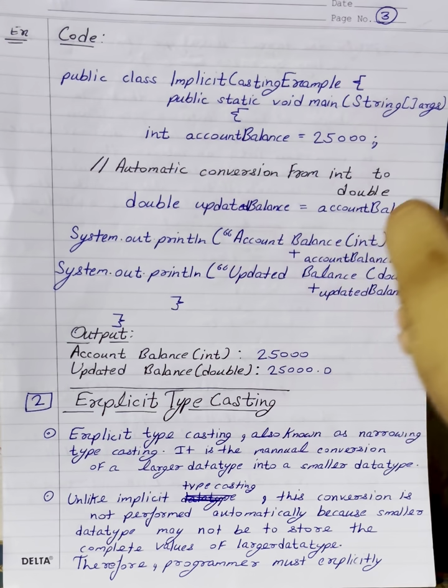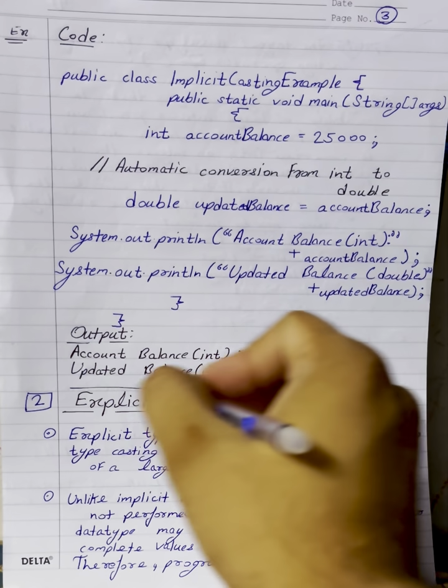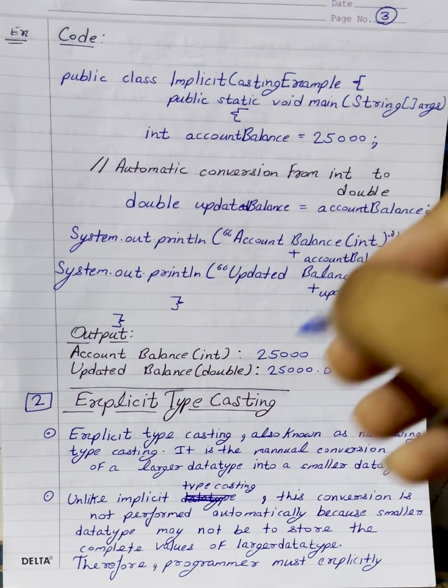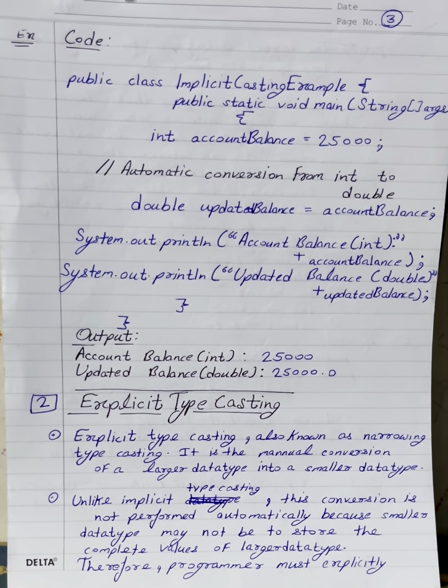And this helps in printing the result, and this will be the output. You can just try it on your Visual Studio Code editor or in Sublime Text or any editor that you use on your system. So now let's talk about explicit typecasting.